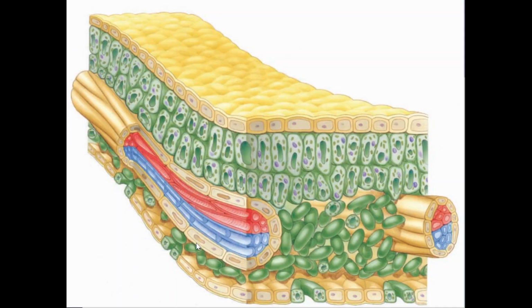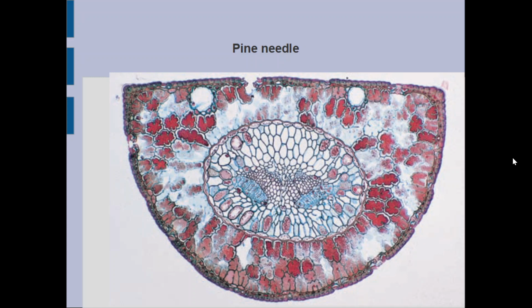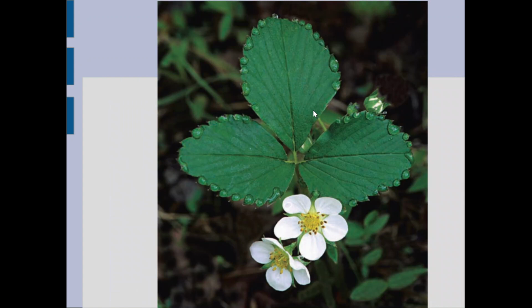It looks like we are almost over time. Are there any questions? This is actually a cut of a pine needle. A needle is another type of leaf that is seen only in evergreen trees. And what do you think this is?